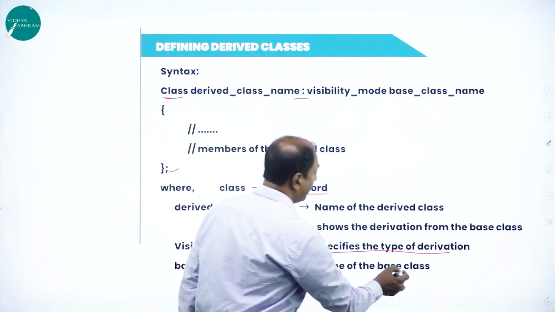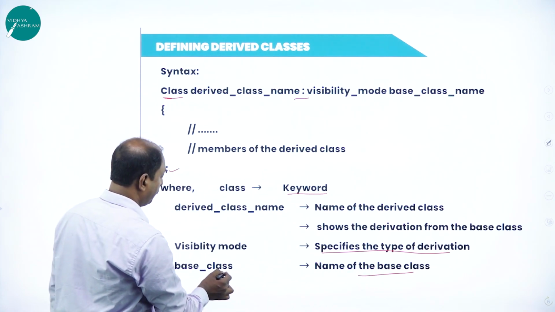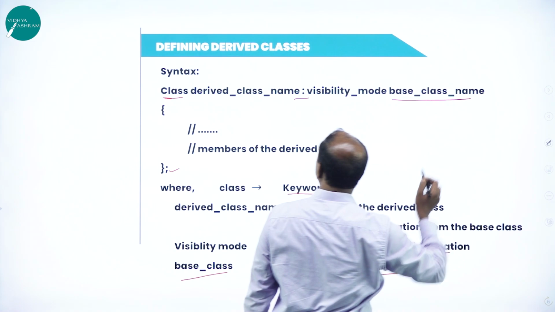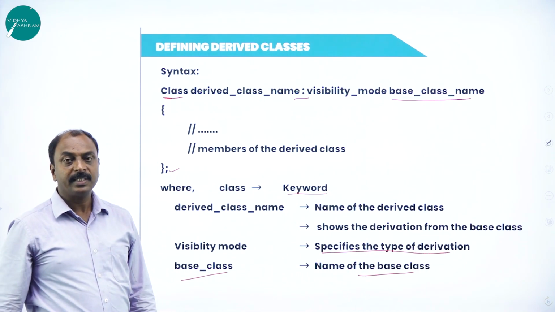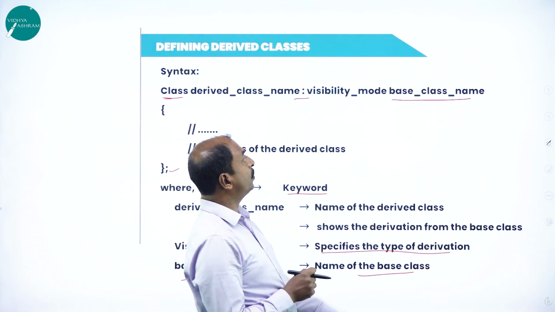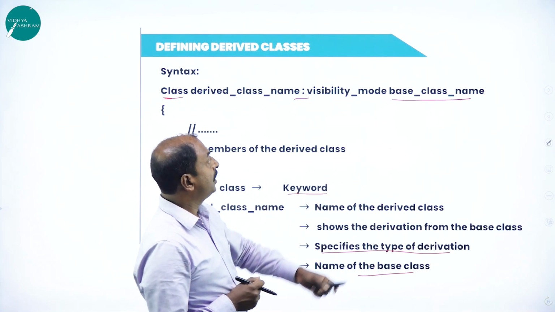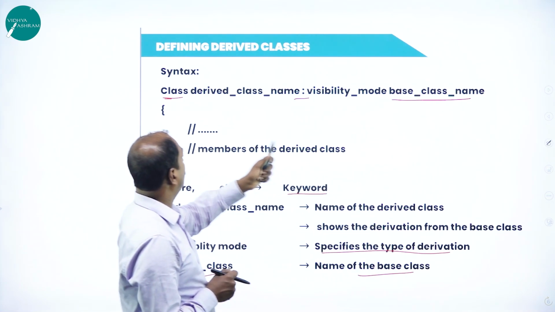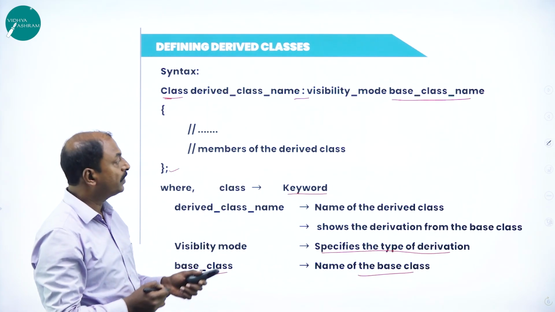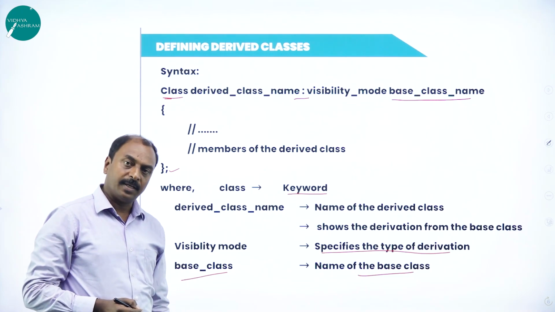And then the name of the base class, from where the properties are inherited. So the meaning of this is that from this class the properties are inherited to this class. That is the meaning of the definition of a derived class.